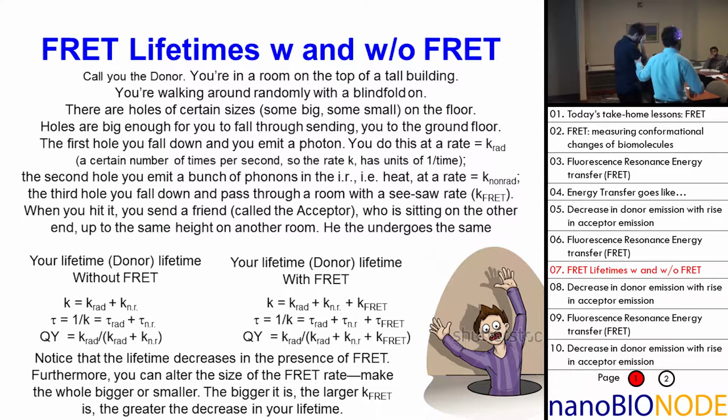And he goes down, whoops. On his way down, there's actually a seesaw, and he hits the seesaw, and what's on the other end is his friend. His friend is named the acceptor. The acceptor, whoosh, gets knocked all the way back up to the original height he was.